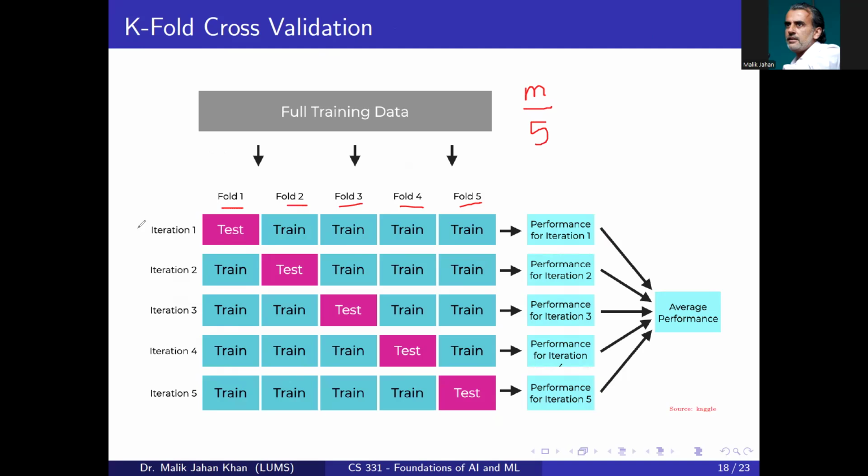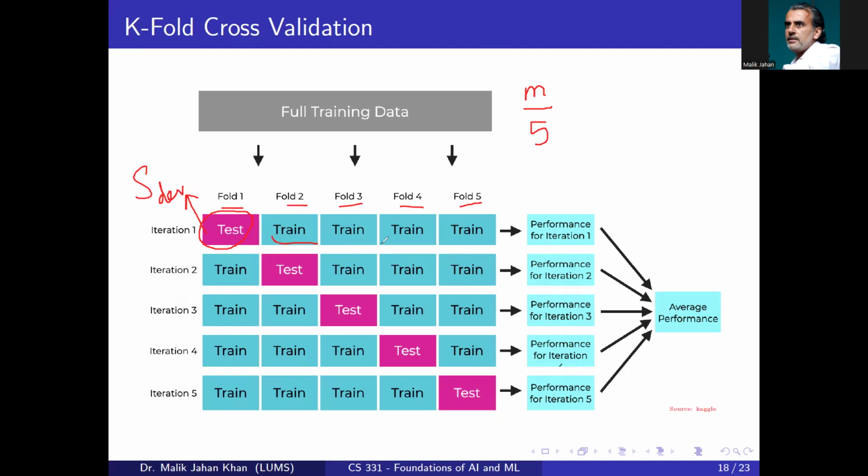In the first iteration of our k-fold cross-validation technique, we pick the first partition as our SDEV. So this first one is going to serve as SDEV. Test is not really a good term here; this is essentially SDEV.